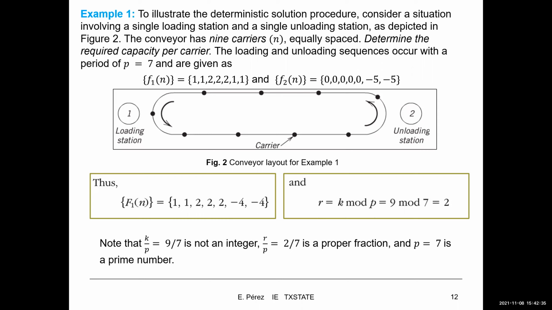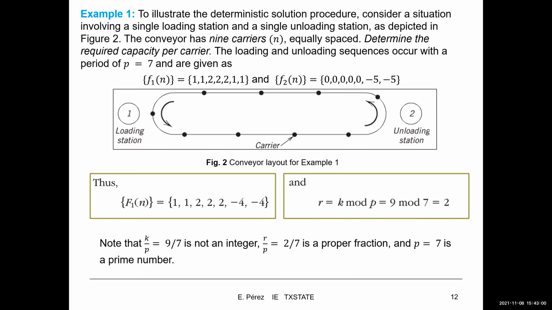Loading happens in the first station, unloading happens in the second station. So we have a situation involving a single loading station and a single unloading station. The conveyor has 9 carriers, equally spaced. And what we need to do is to determine the required capacity per carrier.